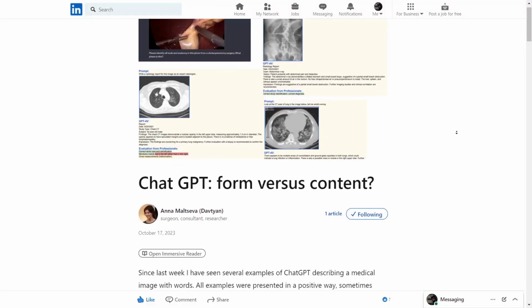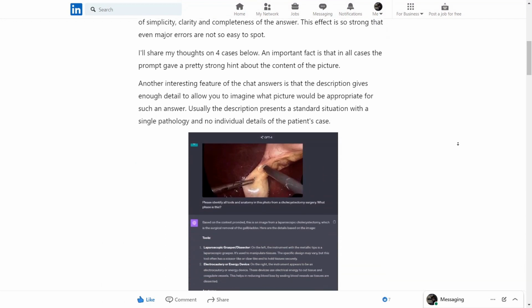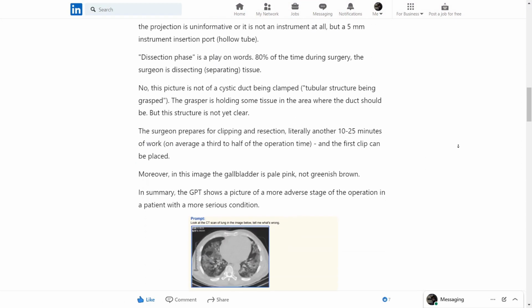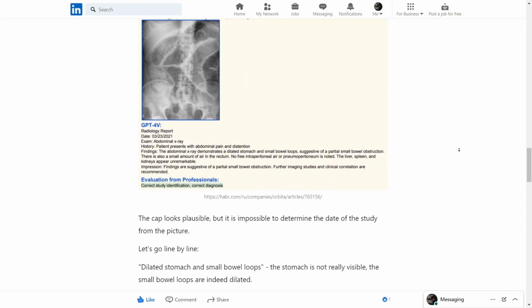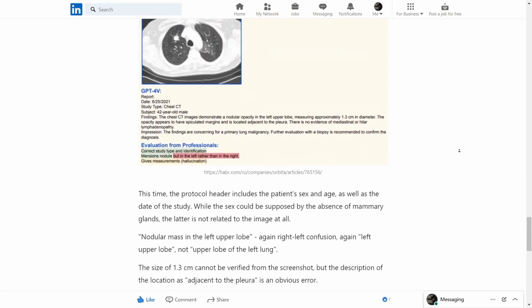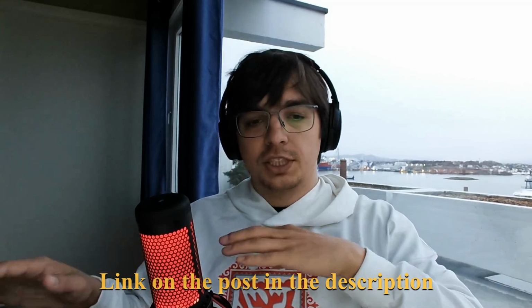The only network that's more or less stable is GPT-4V. But look, for example, at this post. The doctor tells his impression of the network's responses. And there are a lot of such problems.